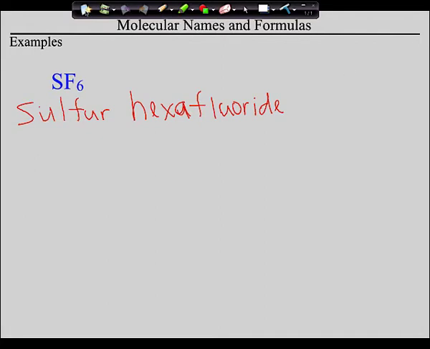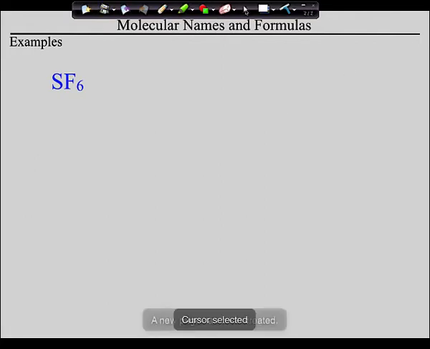So guys, if you understand that, take a swing at this. N2O. N is obviously nitrogen, O is obviously oxygen. Now guys, think through this with me. What is the prefix for 2? Di. Do we call it dinitrogen?